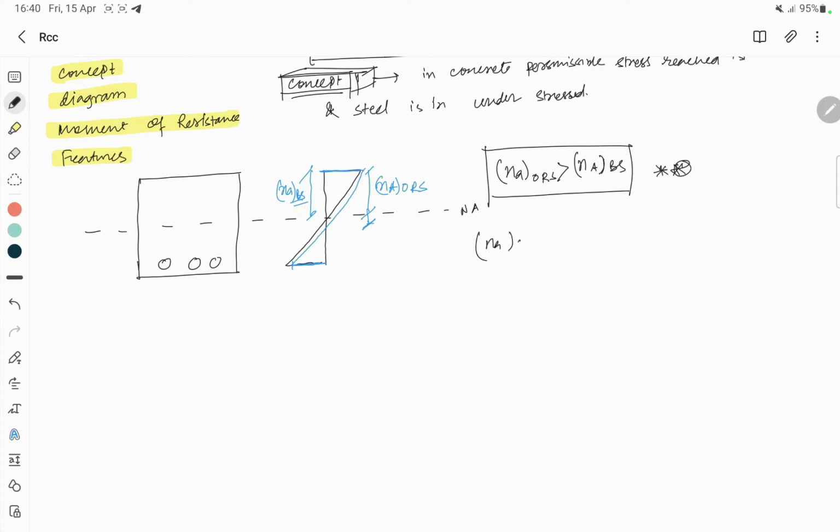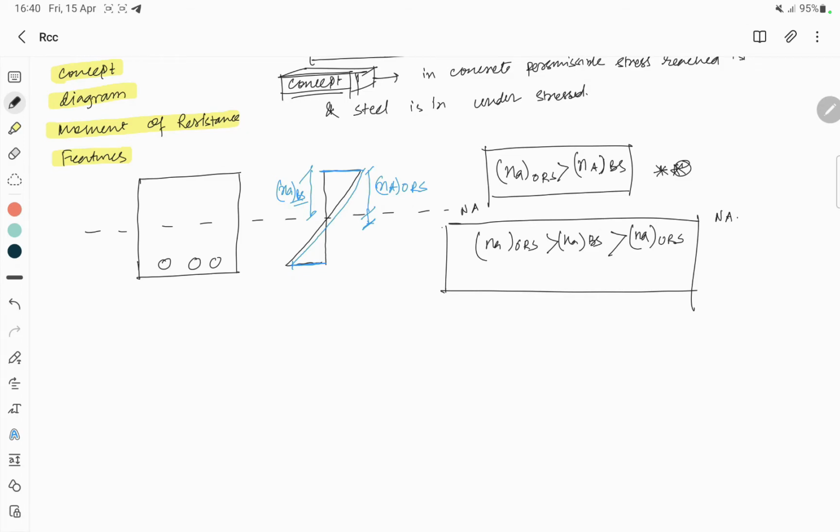Neutral axis of over reinforcement section is greater than neutral axis of balanced section. Neutral axis of balanced section is greater than neutral axis of under reinforcement section. That is the relation between neutral axis.